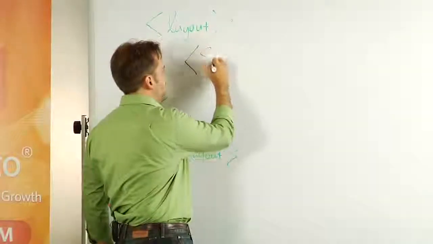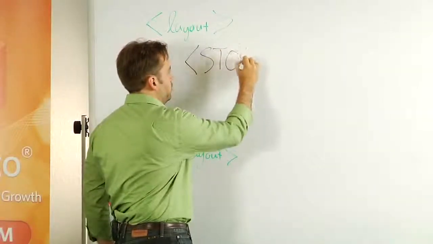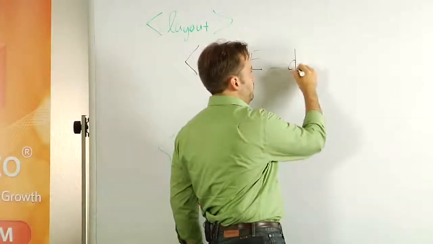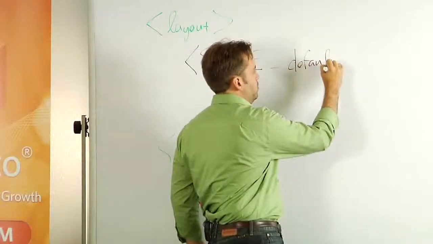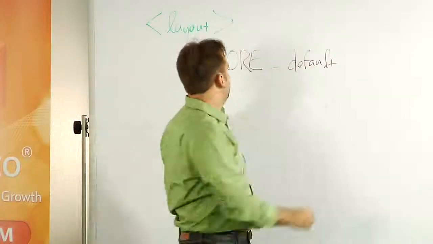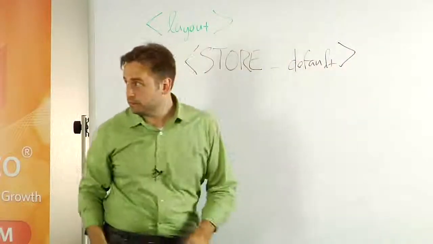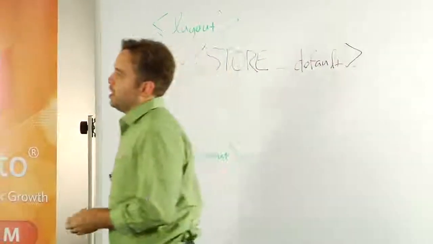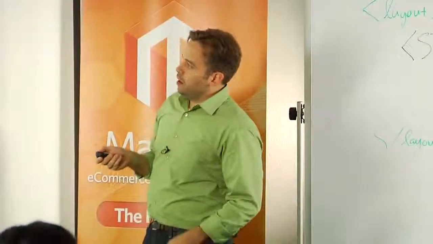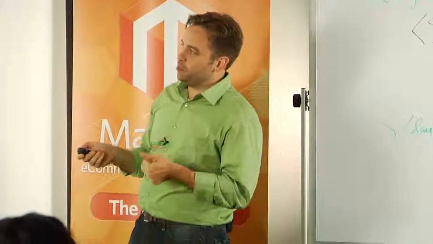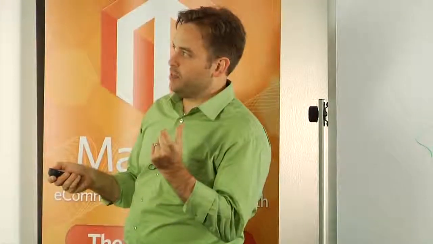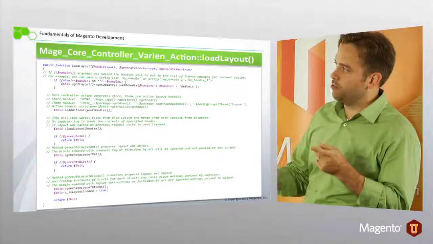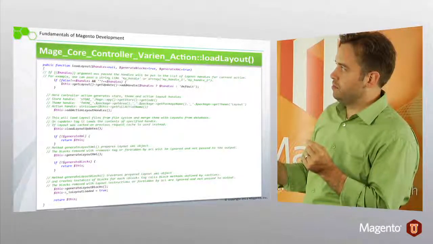This one's automatically generated: store, and then store code. So for my English it would be default, or French or German, and I could put some instructions in here. That's the store handle. The theme handle would be theme underscore, and then frontend. Package name would be, if I was using the default configuration, frontend, enterprise, default.